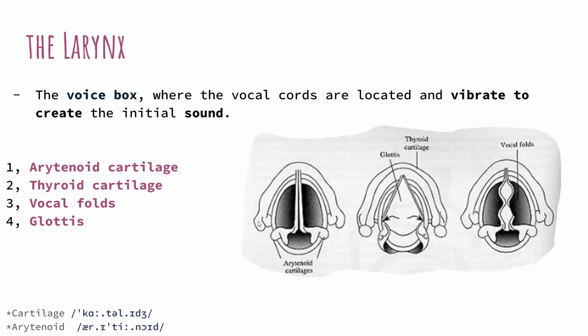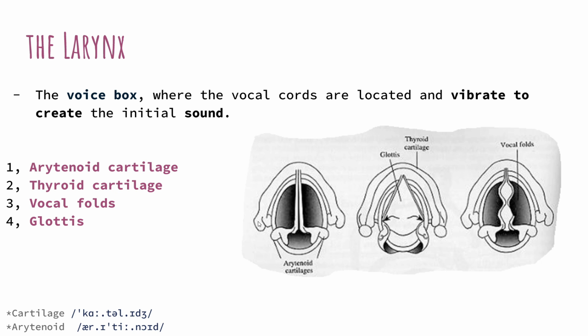When the muscle of the arytenoid cartilage contracts, the vocal folds move apart from each other. The space between the two vocal folds is called the glottis. The glottis by itself is not an organ, but rather an empty space created by the parting of the two vocal folds.